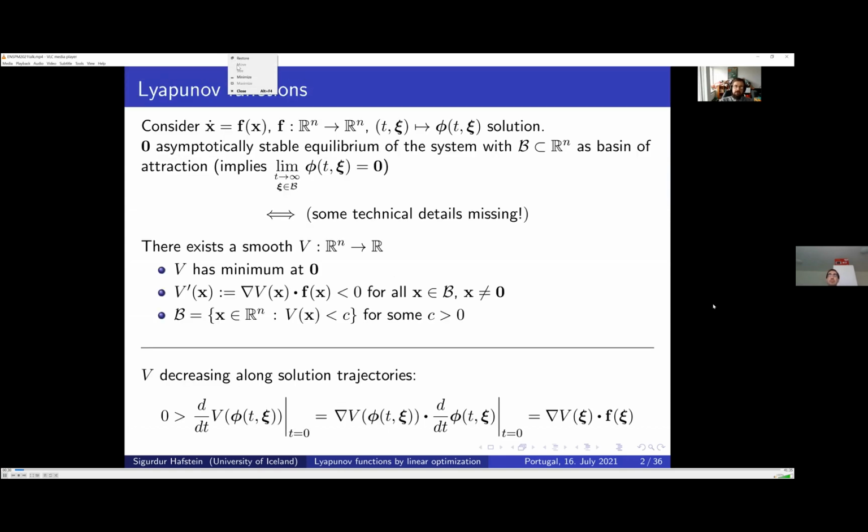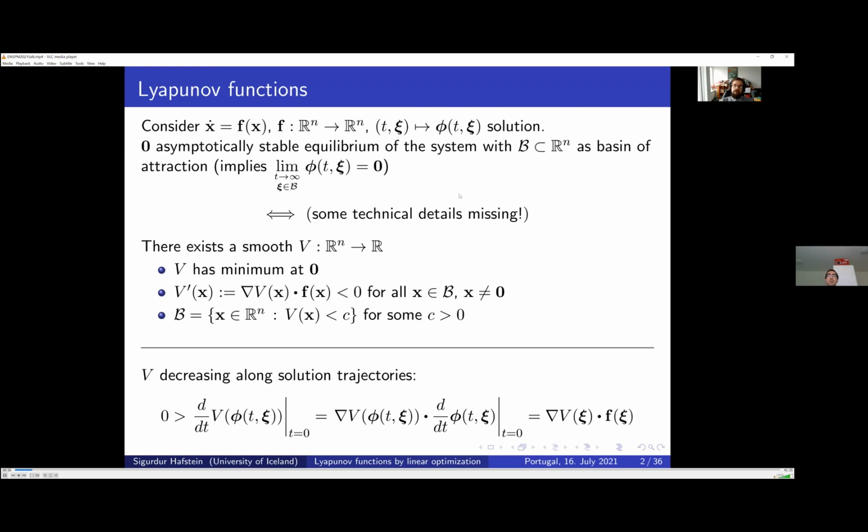Here in more detail, we consider an ordinary differential equation, x dot equal to f of x, where f is a vector field from R^n to R^n. And we assume that it has an asymptotically stable equilibrium at the origin. And we let B be its basin of attraction.